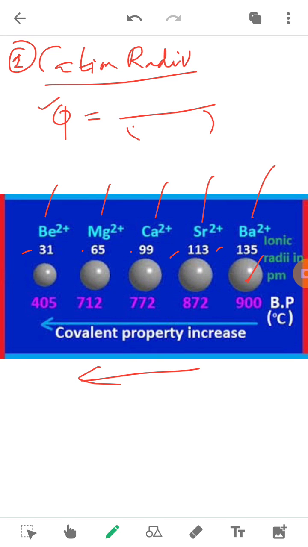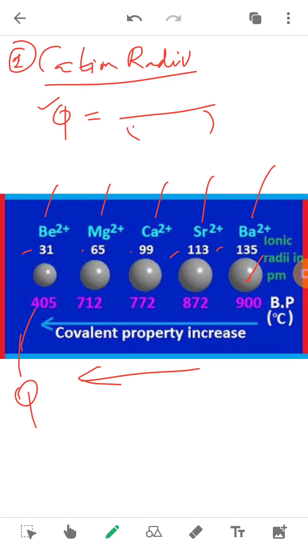So down the group, the size increases, which means upward the group, the size is less, of course. So it gives us the phi value more. So here the phi value is more, and so the covalent character is also more.